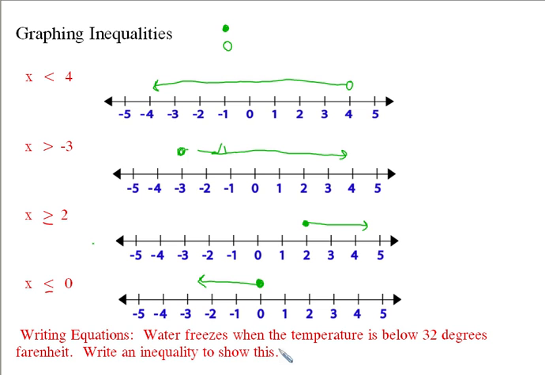Now, when you write inequalities, it's sort of like writing an equation, but you're writing an actual inequality instead. So here, water freezes when the temperature is below 32 degrees Fahrenheit. Write an inequality to show this. So I would just say, let T equal temperature.